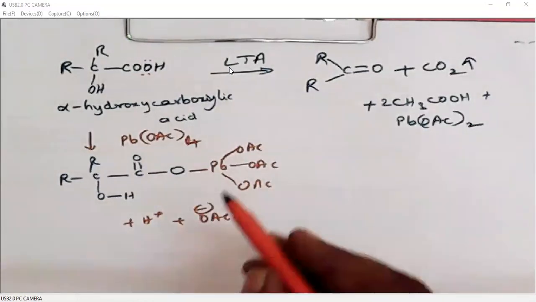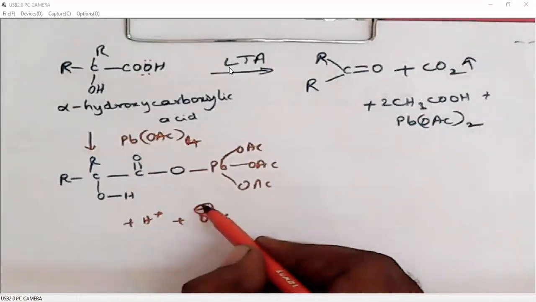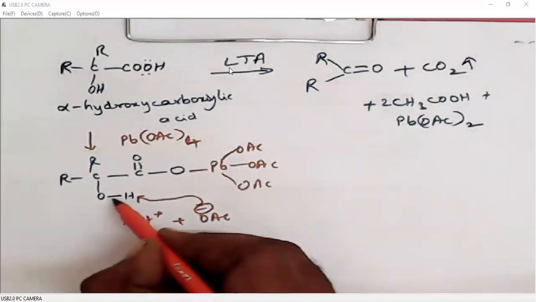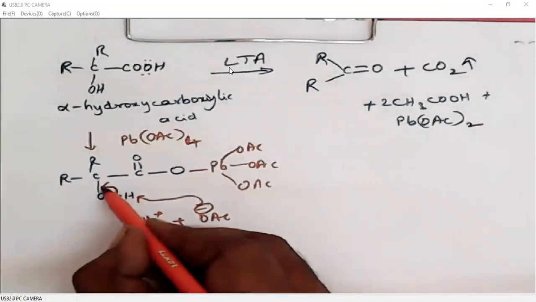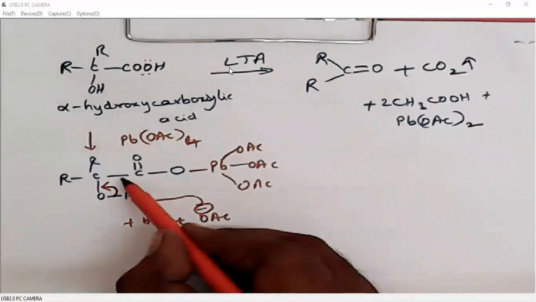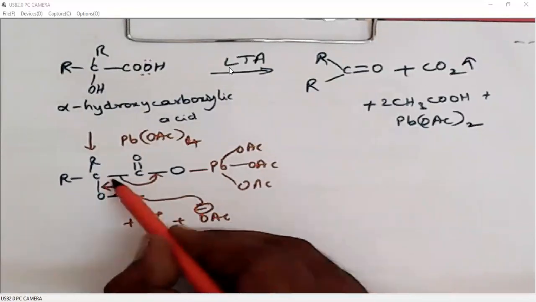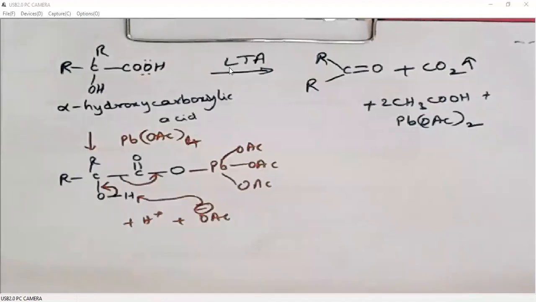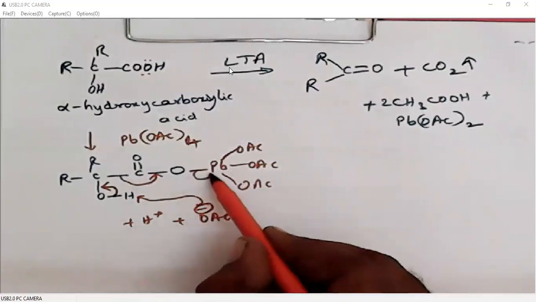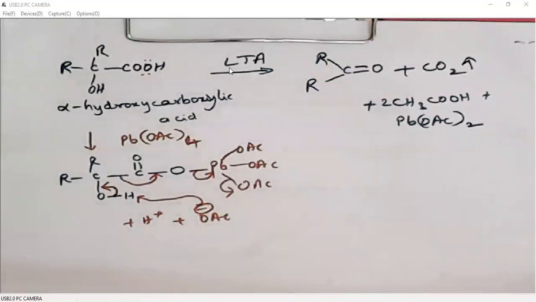Then this OAc minus will pick up the proton from the alcohol. The bonding electrons in OH are polarized towards carbon-oxygen, so we generate C double bond O. Then the carbon-carbon bonding electrons will be polarized, so we generate carbon dioxide. Lead will take these bonding electrons, another OAc minus will be leaving, so what we get is our product.